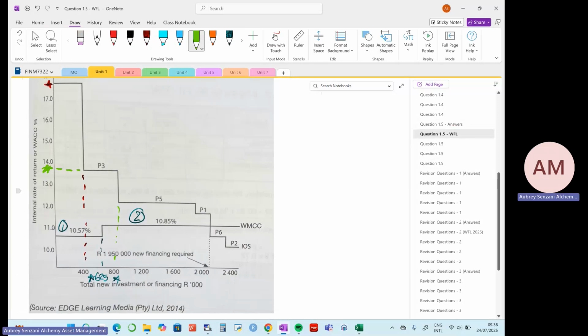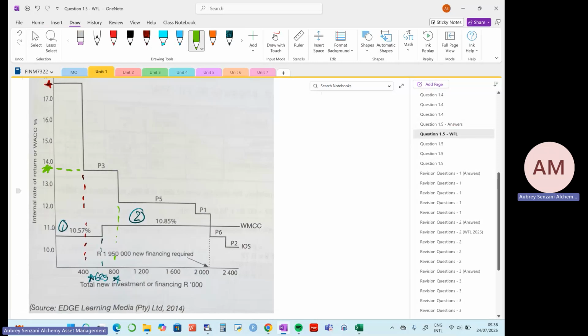Does that make sense? If we say we're not going to raise additional funding, we'll then obviously only be able to invest in what we have. But if we say we can raise additional funding and we can gain returns that are higher than the cost of that funding, why not? Because it means we're going to make money. We're going to increase shareholder wealth.